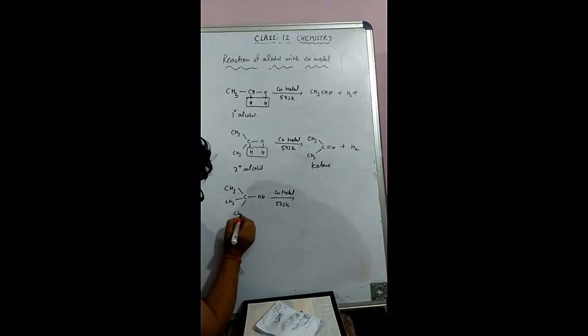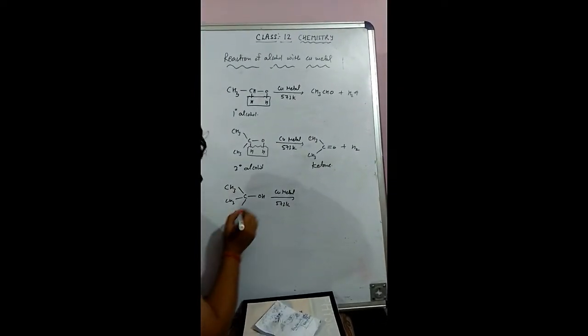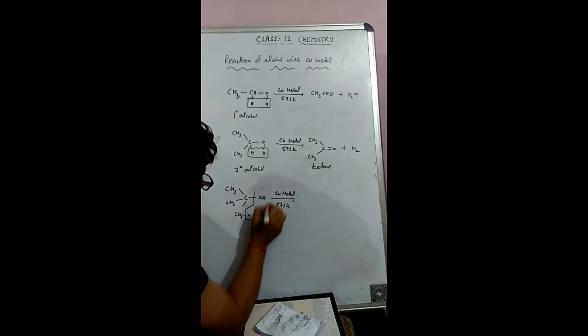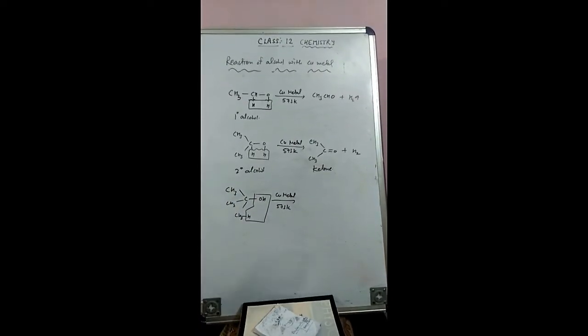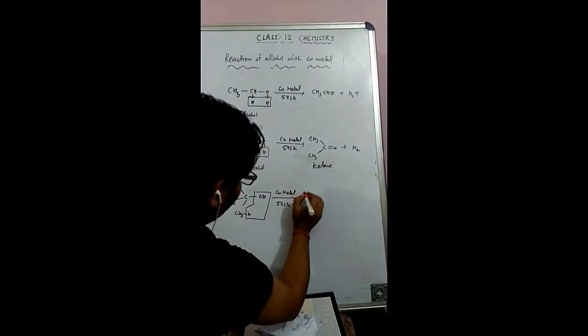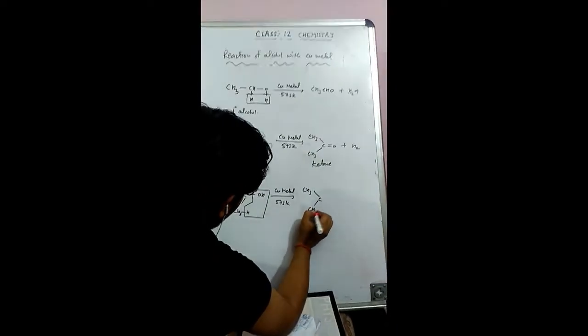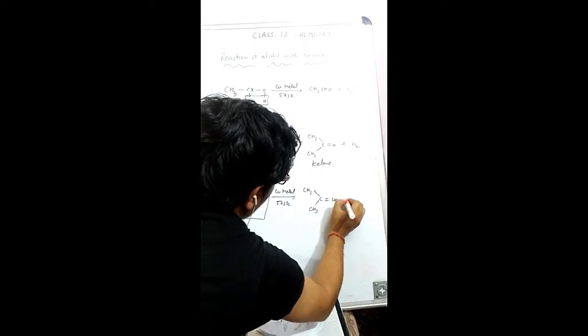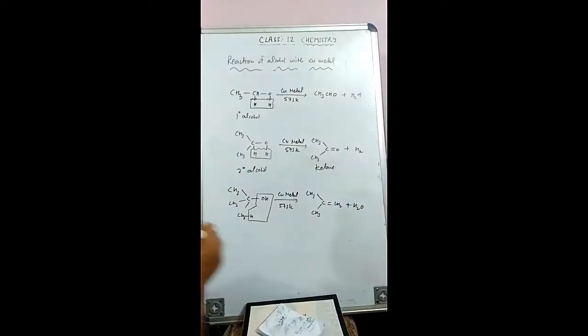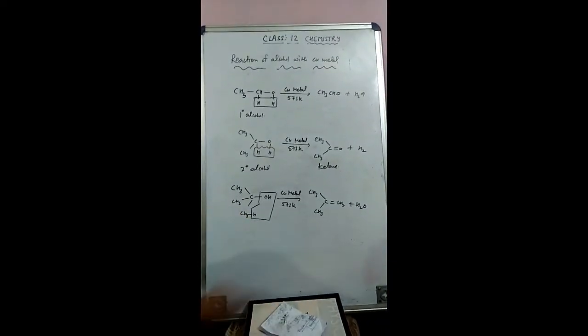I can write CH2 single bond H. From here the water molecule is eliminated, as during the oxidation of alcohol, and it gives us CH3 single bond C single bond CH3, double bond CH2 plus H2O. That means tertiary alcohol gives us the alkene.